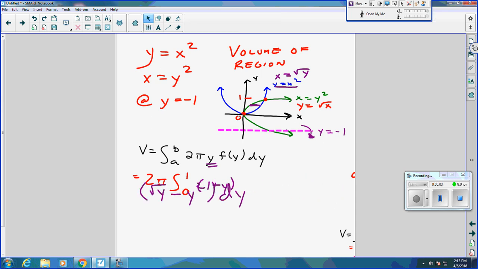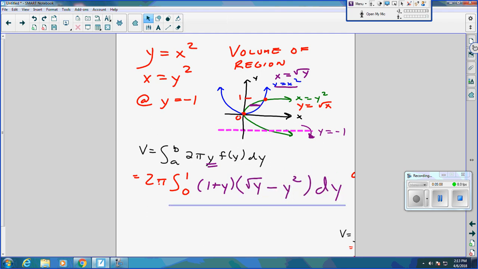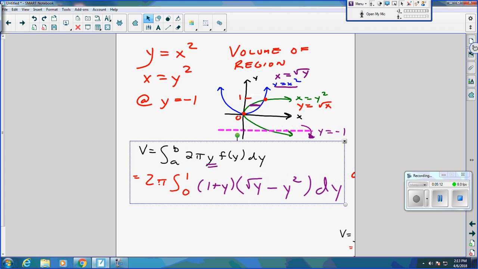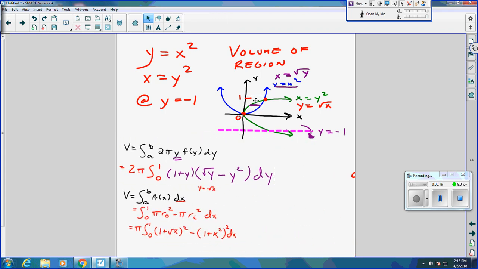Now the question simply becomes, are these both the same values? So let's group all this, and let's pull up a calculator.